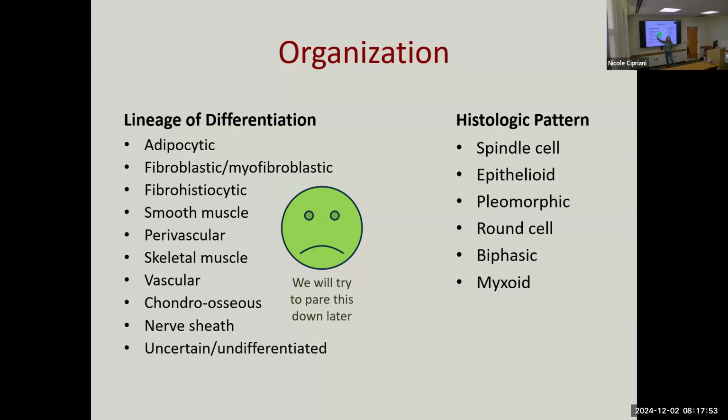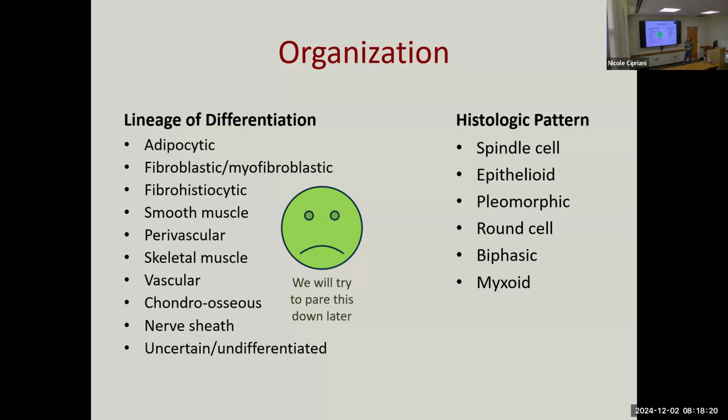Basically fibroblastic with some associated histiocytes. Smooth muscle, skeletal muscle, perivascular myoid, muscular neoplasms, vascular, chondro, osseous, nerve sheath, undifferentiated. Undifferentiated also kind of being similar to fibroblastic. Like a fibroblast is a cell that doesn't stain for anything, essentially. So is an undifferentiated tumor cell.